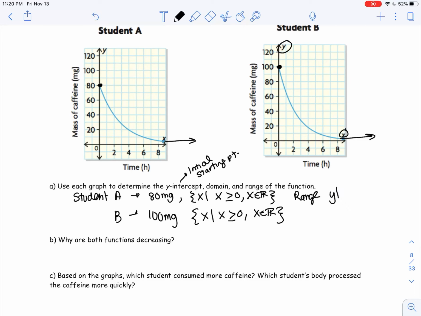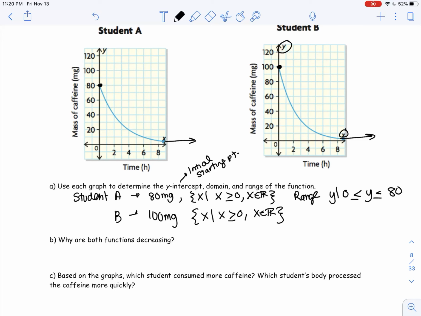So we're going to say y such that y is between 2 values. The smallest value of y that's acceptable would be where the mass is equal to 0. Eventually there will be no caffeine in the body. So we're going to say 0 up to the highest value that we see for student A, which is 80.